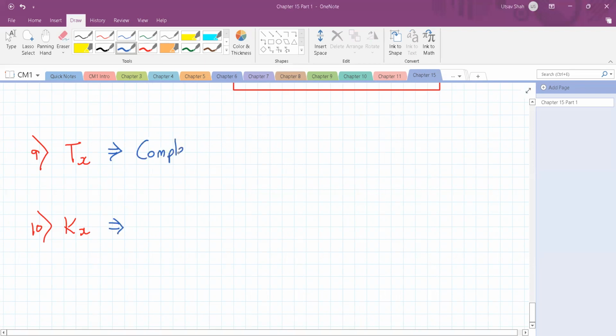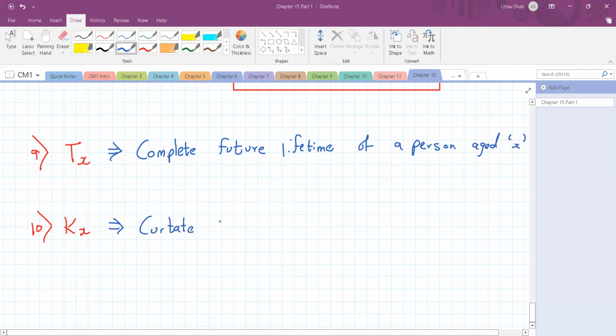So Tx is the complete future lifetime of a person aged x.